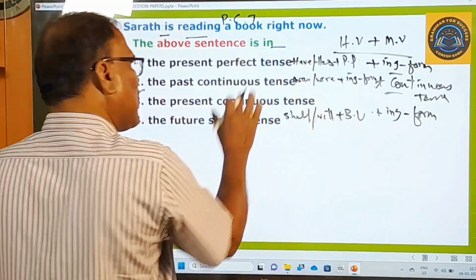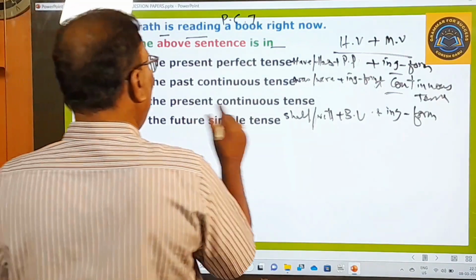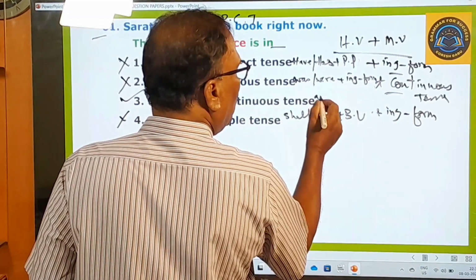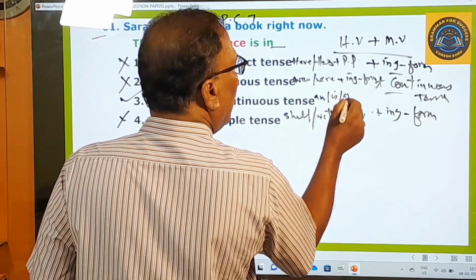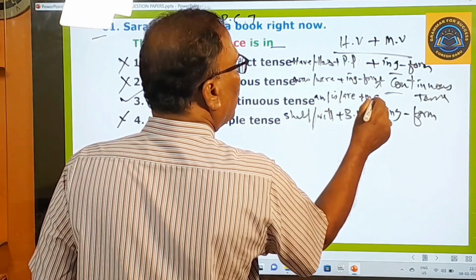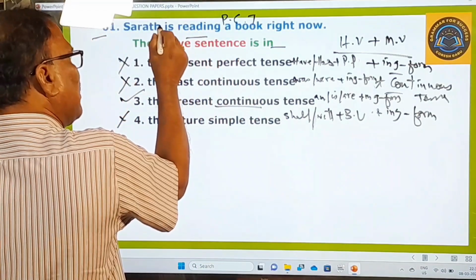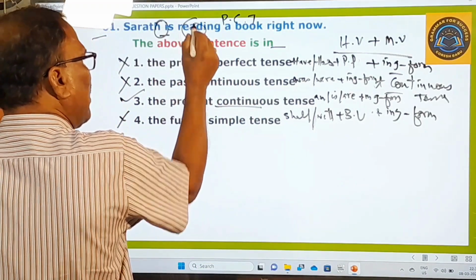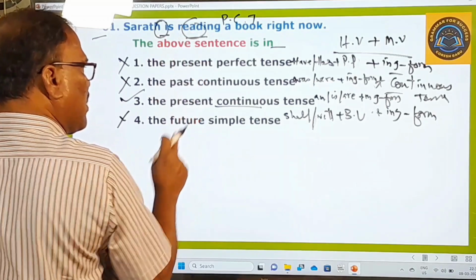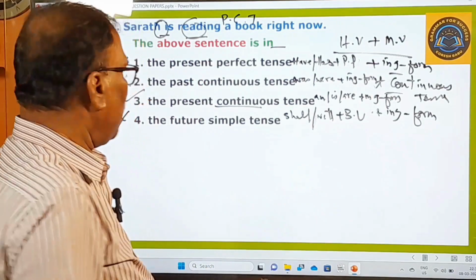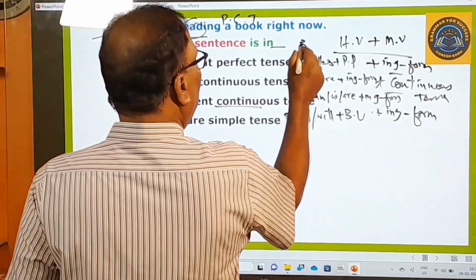Present continuous features I have already told you: am, is, are plus ing form. In the given sentence, is is there and ing form is there. Therefore these two are the features of present continuous tense, and your answer is going to be the third one.